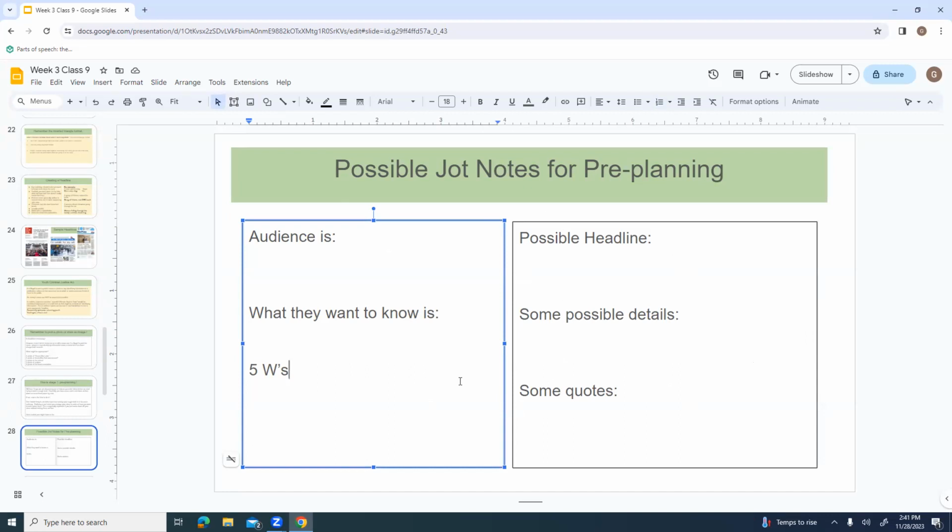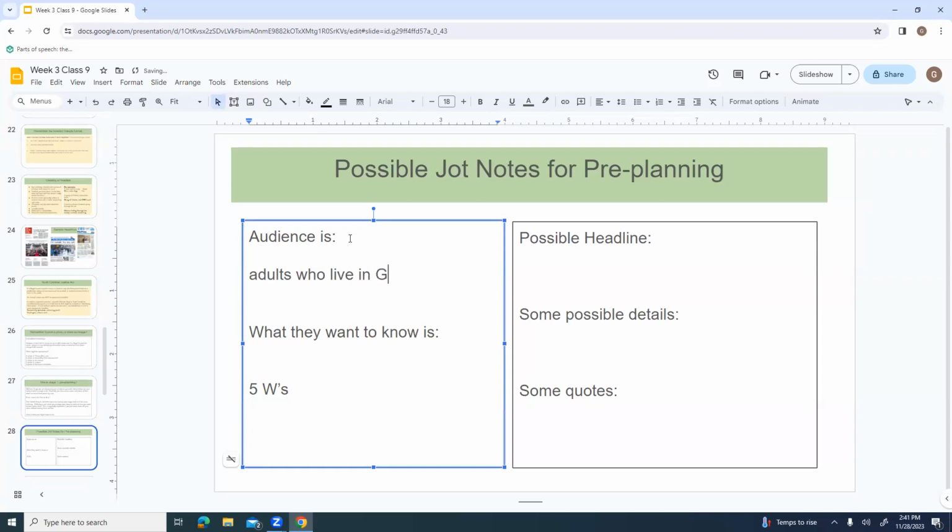These do not have to be in sentence order. So audiences, I might have adults who live in Green Star Lake. Very simple. What do they want to know? Well, what do they want to know?